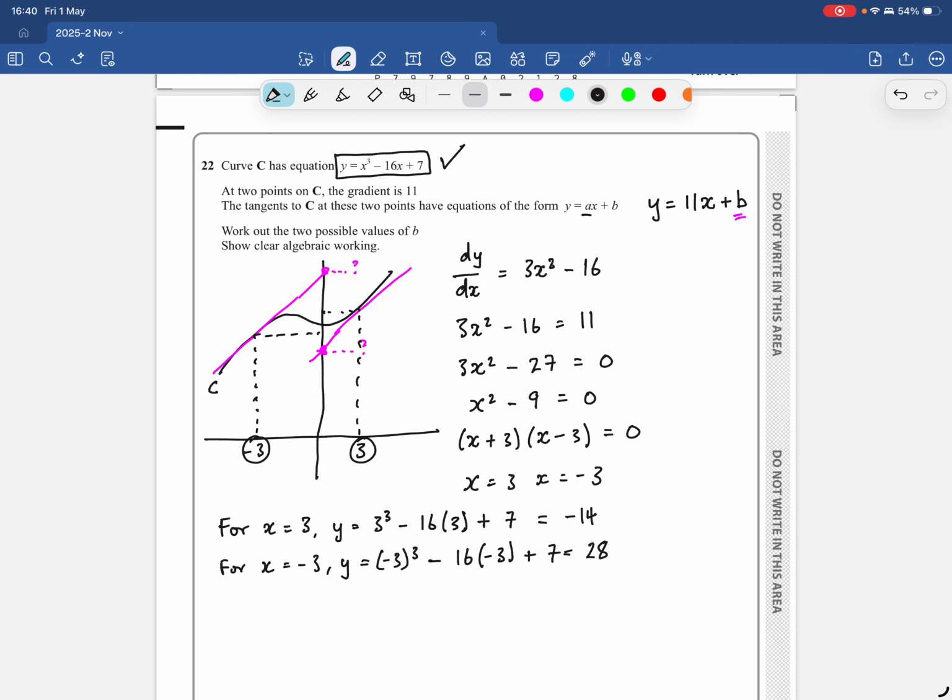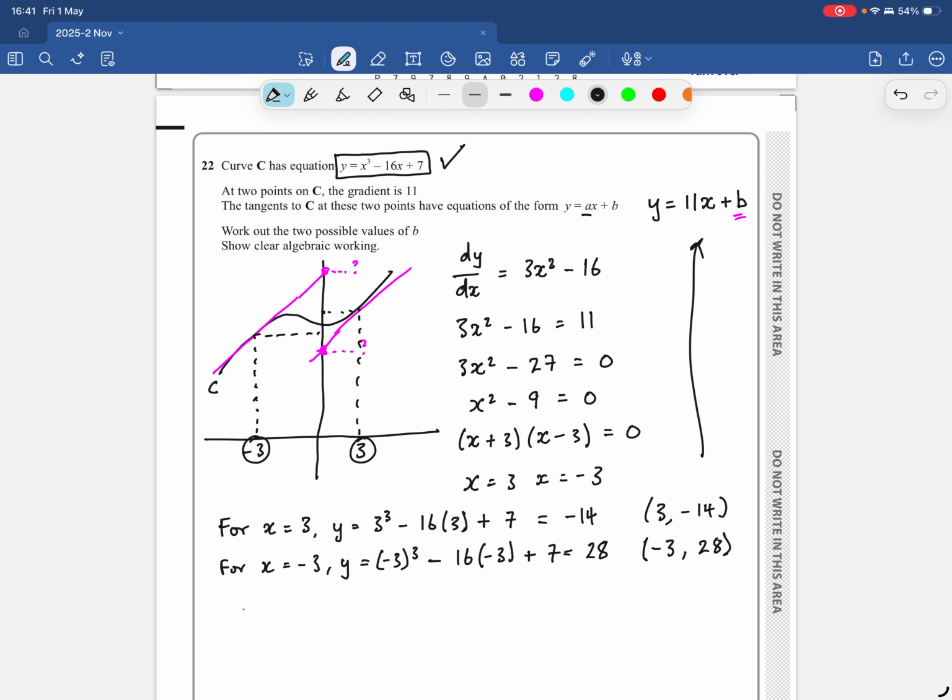So now we've got two sets of equations. One where we're using 3 and minus 14 for the x and y values. And in this case, we're using minus 3 and 28. And we're going to put those into this here and find the different b's that we get out. That is the idea.